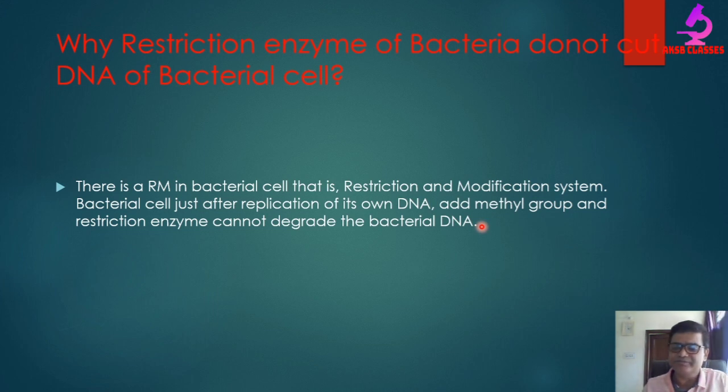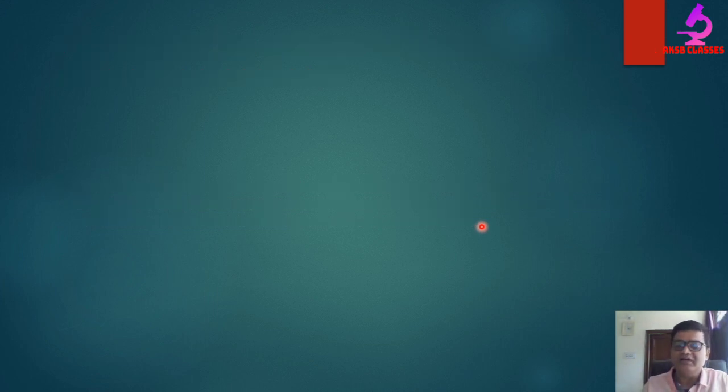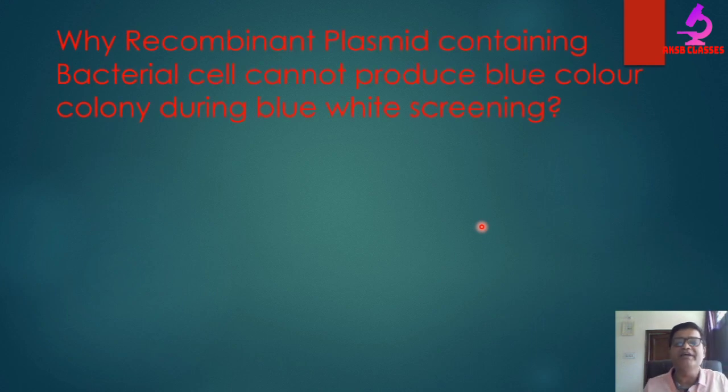Next, the next query: why can a recombinant plasmid containing bacterial cell not produce a blue color colony during blue white screening?